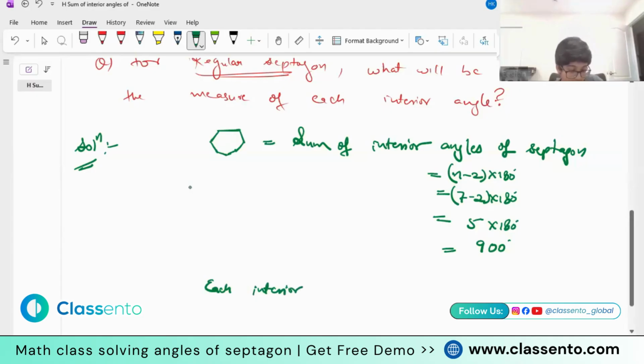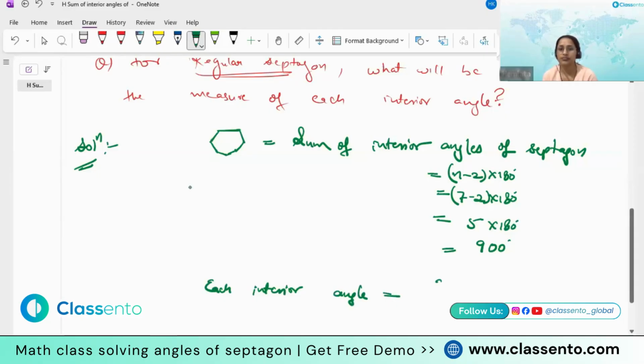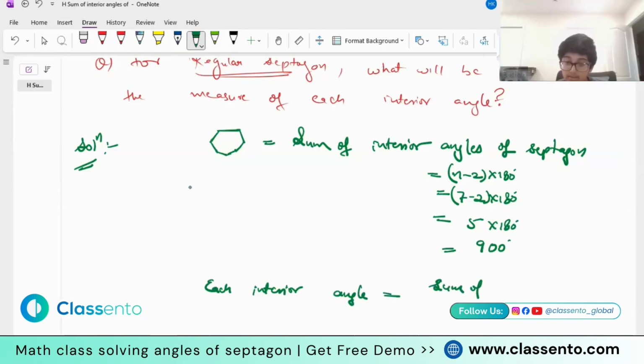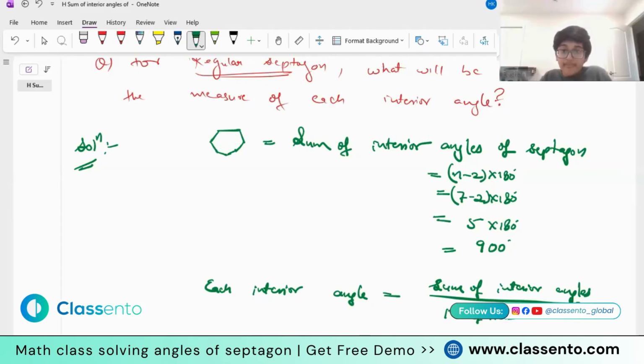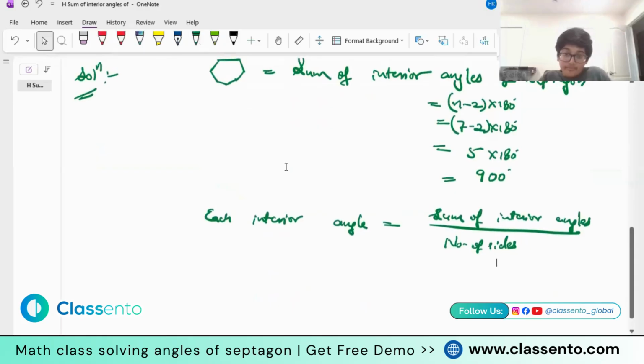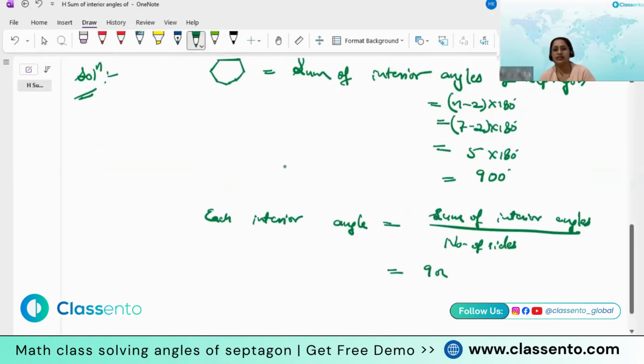It is the sum of interior angles divided by the number of sides. Yes? And it will be equal to how much? 900 divided by 7.